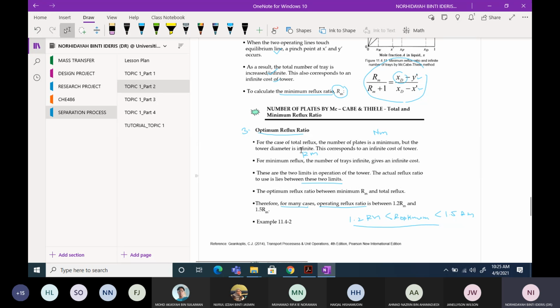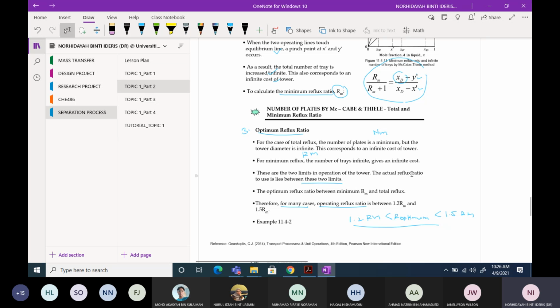The diameter is too big, and that will increase the cost of the tower. That's for the NM. However, for the minimum reflux, the number of trays is increased. That will also cause an increased cost. So these are the two limits in the operation of the tower.